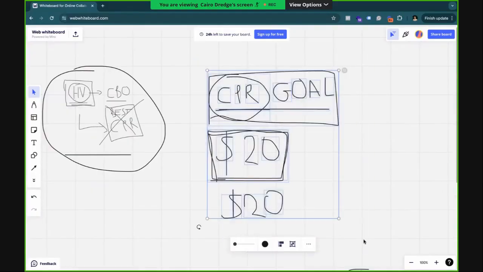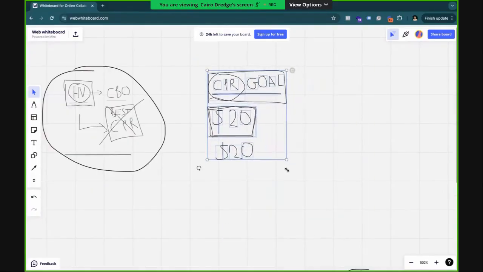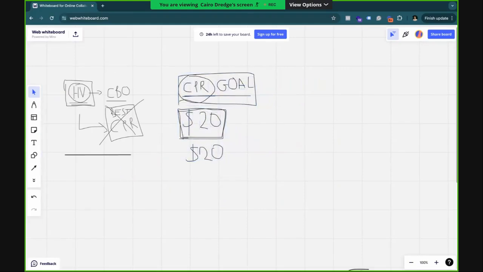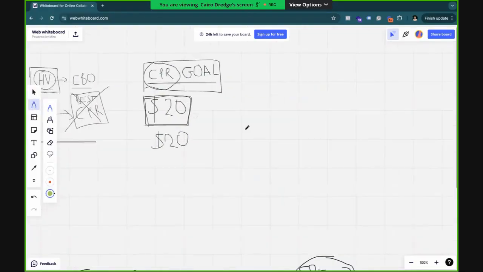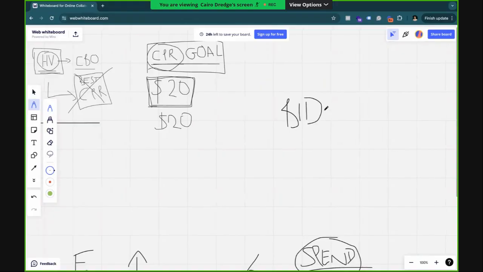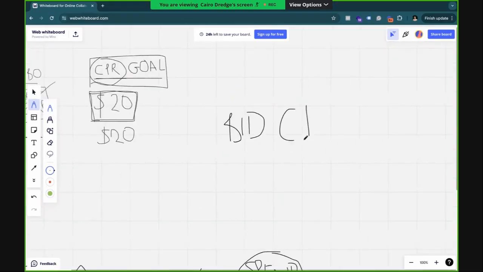So we've got highest volume for when we want to get the most results. We've got a CPR goal for when we want to be specific about the cost per result we're getting, but we also have something called bid cap available to us. What is bid cap? Bid cap is the strictest version that we have of controlling our efficiency.